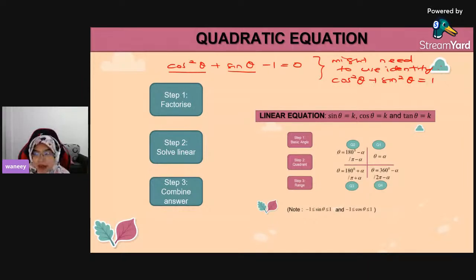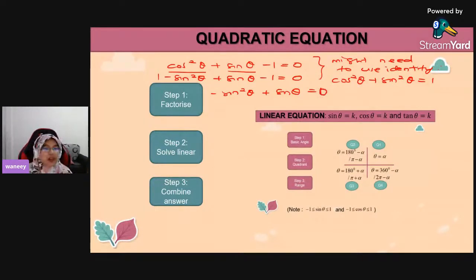So when you substitute over here, this is 1 minus sine square theta plus sine theta minus 1 equal to 0. Then you can easily change everything in terms of sine. So it will look like this, negative sine square theta plus sine theta equal to 0, sorry.